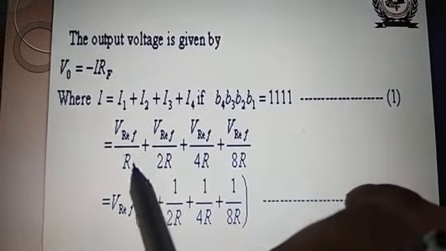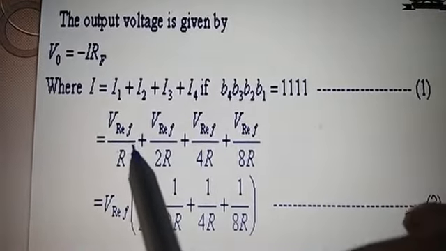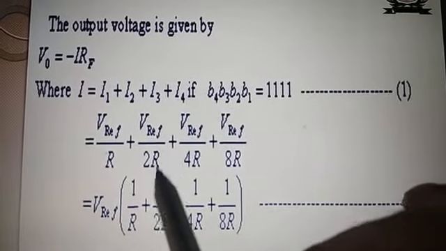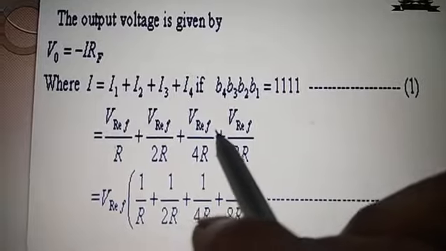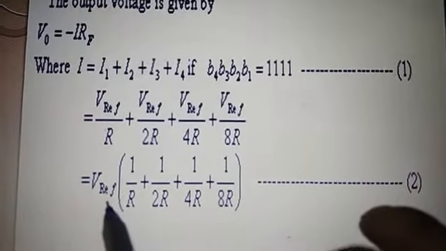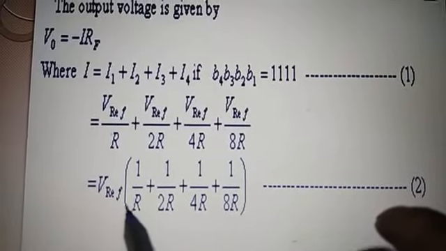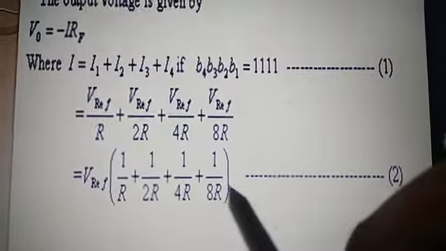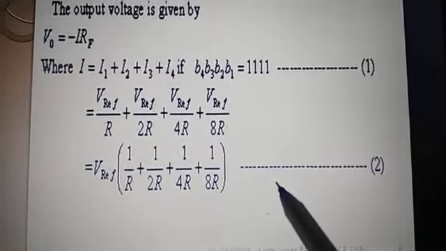then I1 will be V reference by R, plus V reference by 2R for I2, V reference by 4R for I3 and V reference by 8R for I4. Then which is equal to V reference upon 1 upon R plus 1 upon 2R plus 1 upon 4R plus 1 upon 8R.